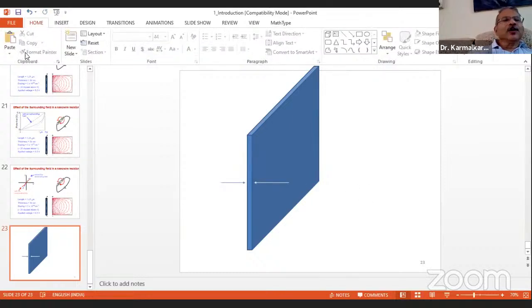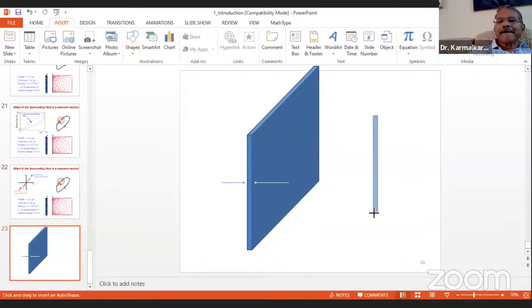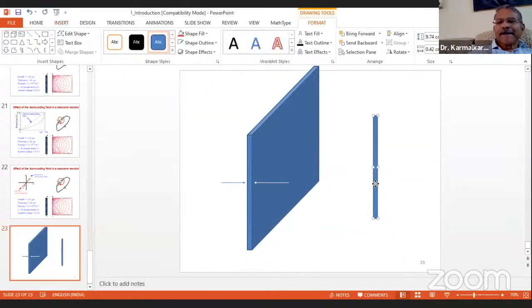Now instead of that, take a wire. With the same thickness, if you take a wire, this is a wire. You can see it is the same thickness.